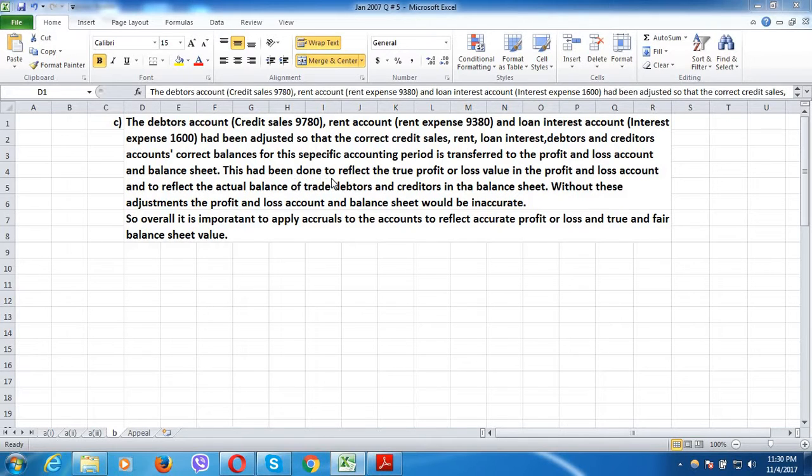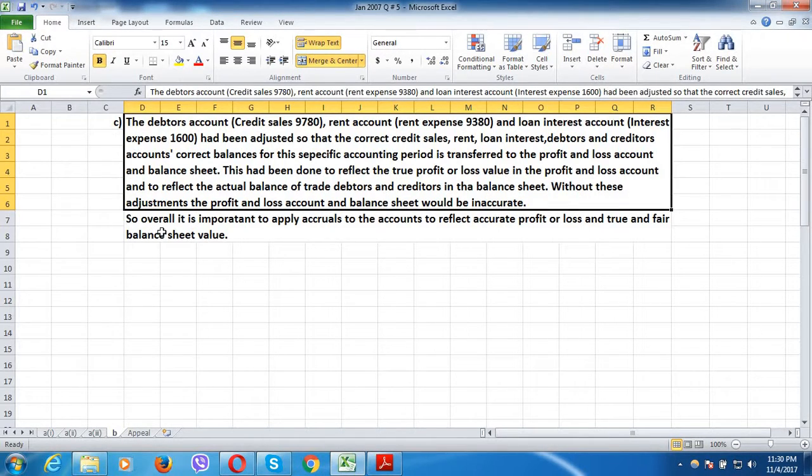This had been done to reflect the true profit or loss value in the profit and loss account, and to reflect the actual balance of debtors and creditors in the balance sheet. Without these adjustments, the profit and loss account and balance sheet would be inaccurate. So overall, it is important to apply accruals to the accounts to reflect accurate profit or loss and a true and fair balance sheet value. Clear?